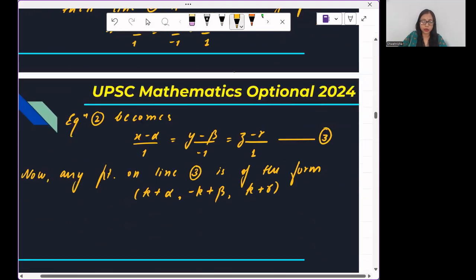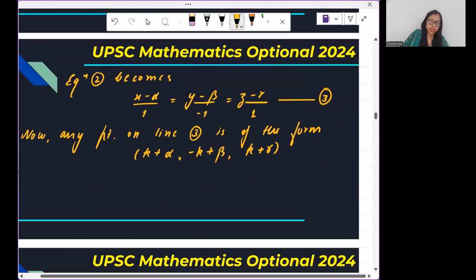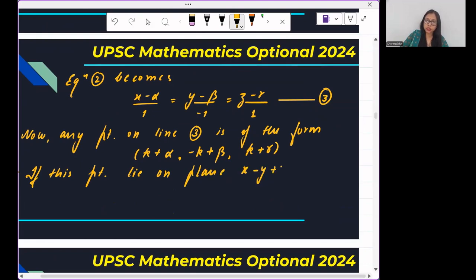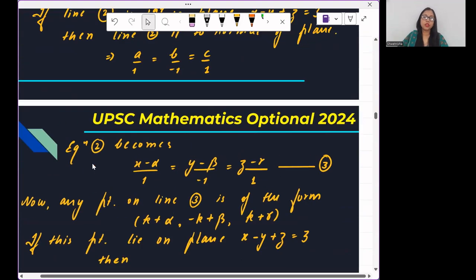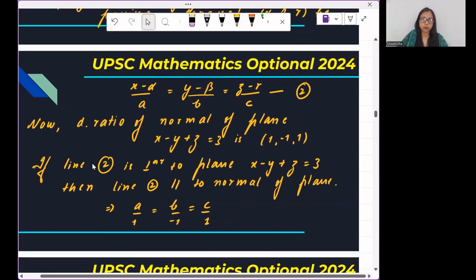If this point lies on the plane x minus y plus z is equals to 3, then just substitute the value of x minus y plus z.